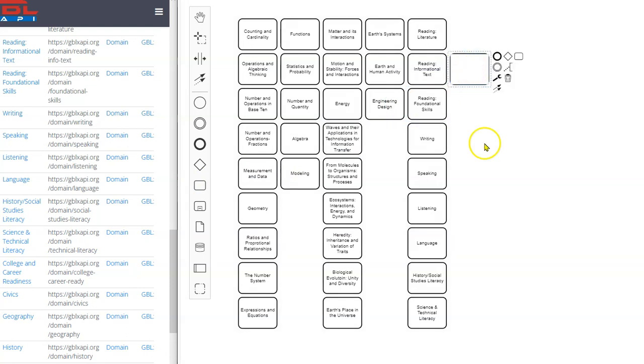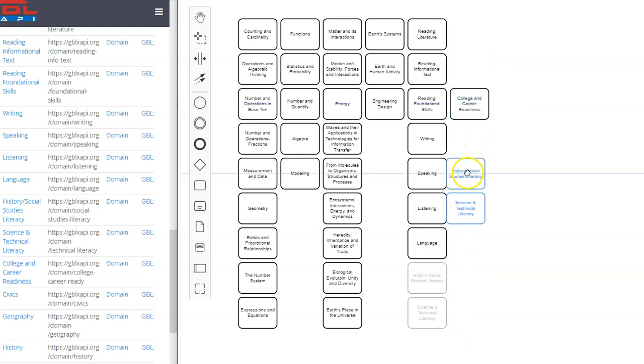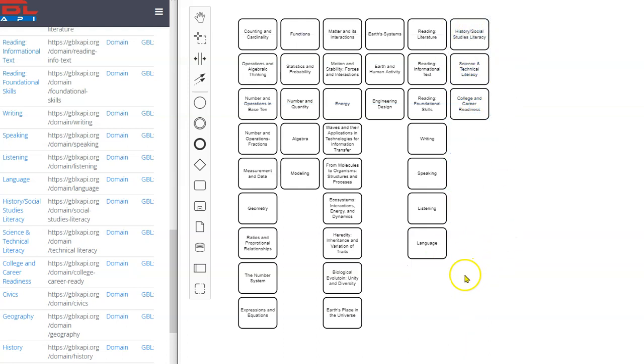This feels like a different category of items here. College and career readiness. So these, let's go ahead and move these up here. These are all good, but this is kind of some new stuff here.